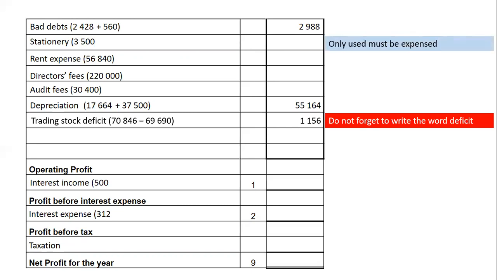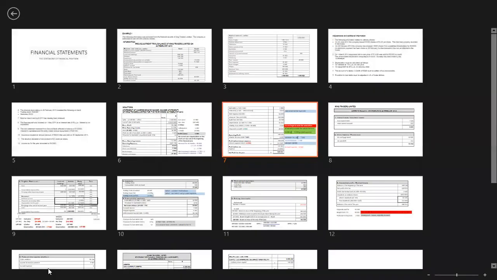And that is why only stationery used must be an expense. The unused stationery is the one that you need to subtract from your total stationery expense for the whole year, which is 3,500. So you will be left with stationery that was used, which must be expensed, which is 3,070.